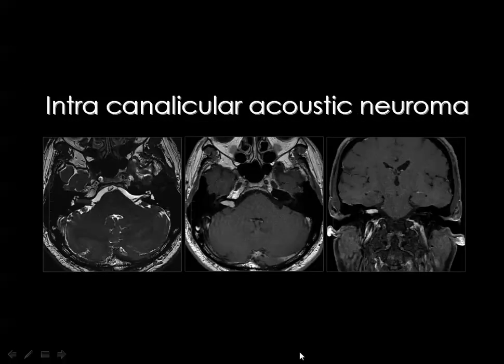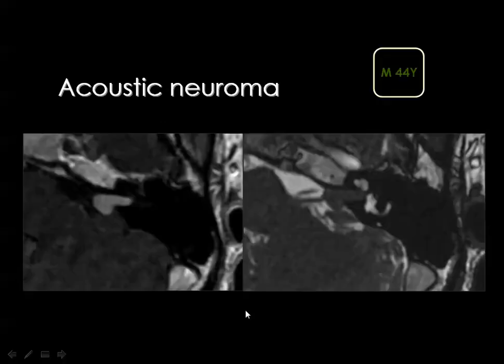But if the canal contains a soft tissue mass, the diagnosis is acoustic neuroma, which is the most common intracanalicular and cerebellopontine angle enhancing lesion. And this is a good example by MRI showing an intermediate signal lesion within the internal auditory canal in T2 weighted image, and after contrast enhancement it shows homogeneous contrast enhancement with some extracanalicular component.